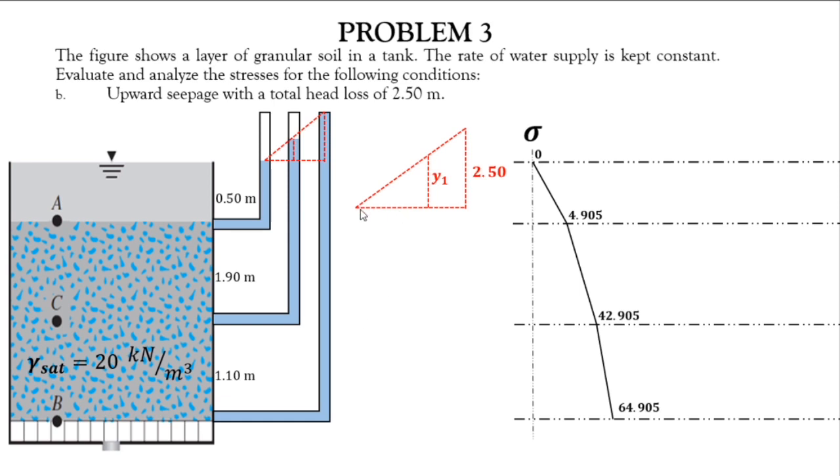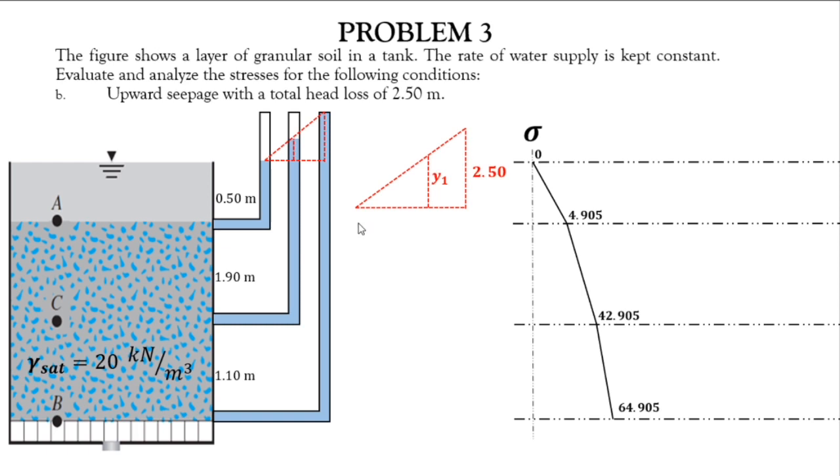So, ilagay naman natin yung para sa horizontal distance. So, itong point na to, galing yan sa piezometer A, at itong point na to sa Y1, galing yan sa piezometer C. At yung distance na to is actually the distance between point A to point C. So, tingnan natin yung point A and point C, at ang distance sa pagitan nila ay 1.9.